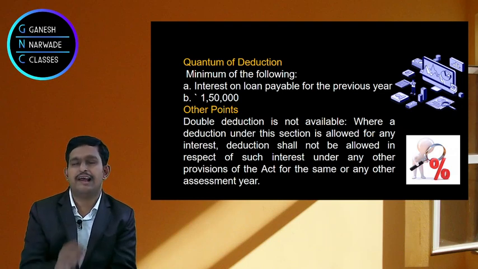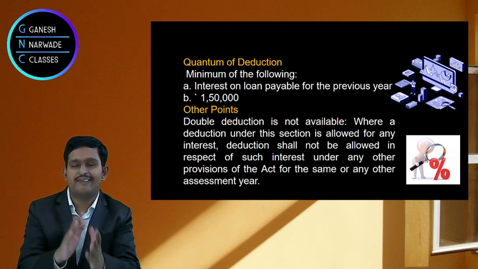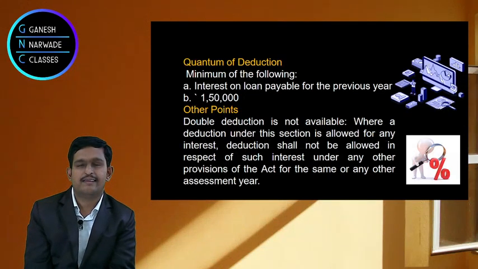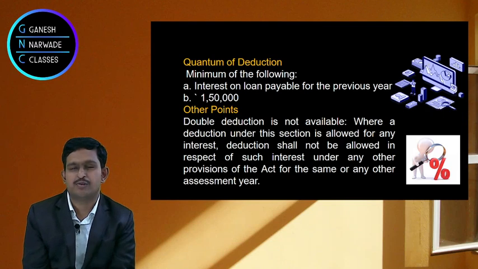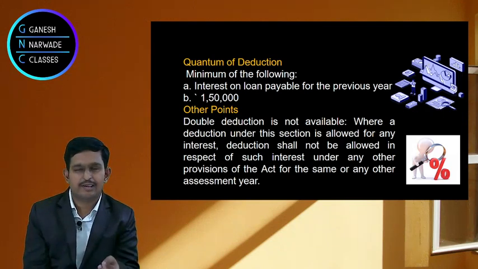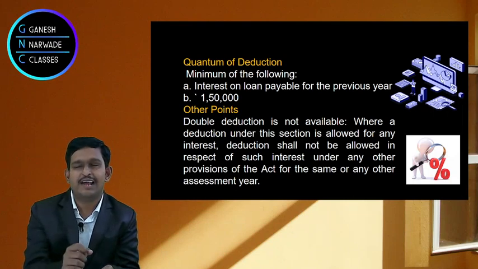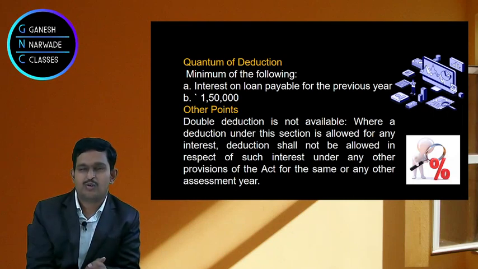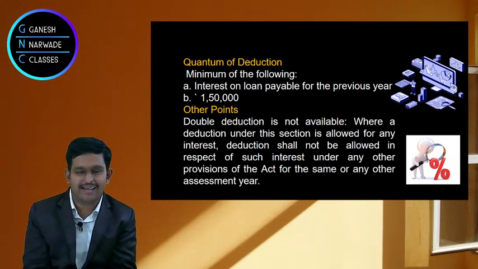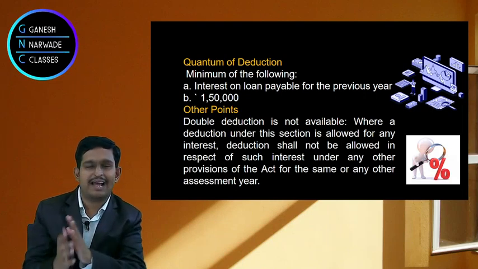It is clearly understood for you. Suppose for example, the loan amount is 35 lakhs and interest is 10%. So what is the interest? Sir, 3,50,000. So you can take 2 lakhs under section 24 and 1,50,000 under this section. Any problem? Sir, no problem at all. Suppose your loan is 40 lakhs and interest is 4 lakhs.